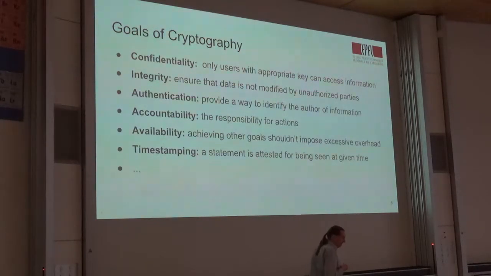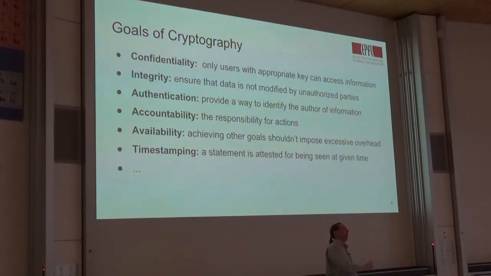In cryptography, we use these tools to reach a variety of different types of security goals and properties, and these are often orthogonal. Usually we want several of these in combination, but they're orthogonal, separate properties. So confidentiality is the most obvious one.